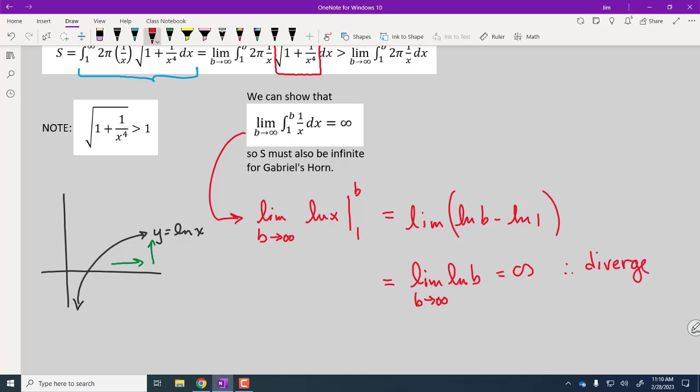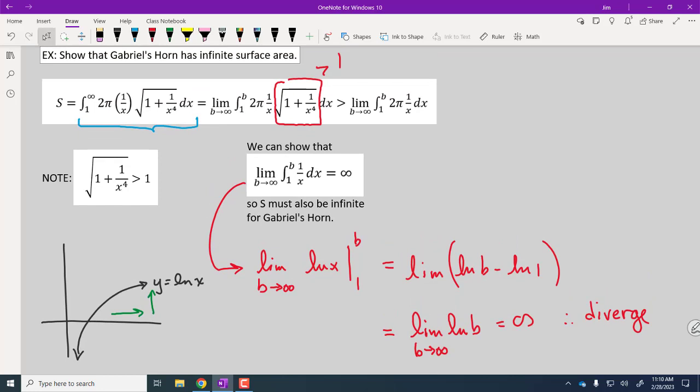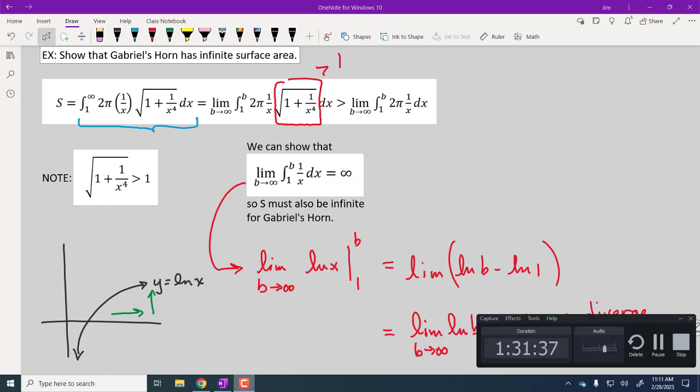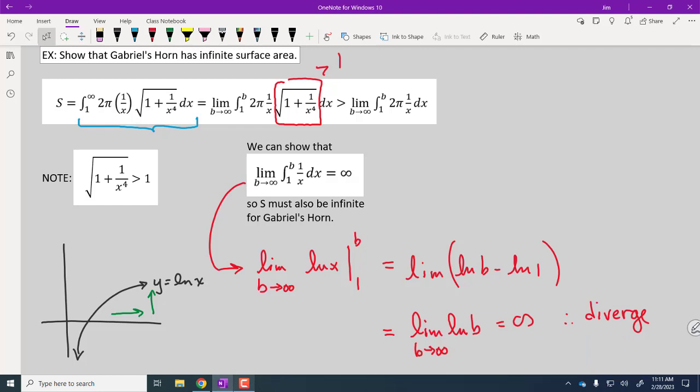So this is what we've just decided. We've got this infinite horn. It's got finite volume, but it's got infinite surface area. This is one of the first weird shapes you get that you have to think really carefully about. So finite volume, but infinite surface area.